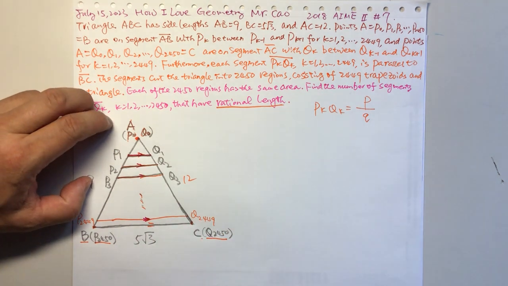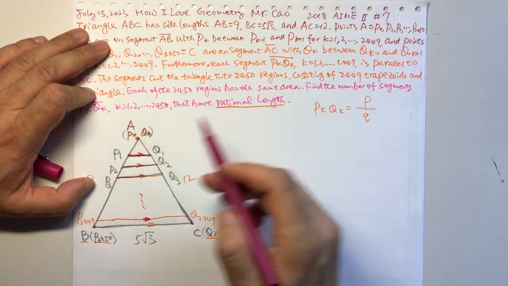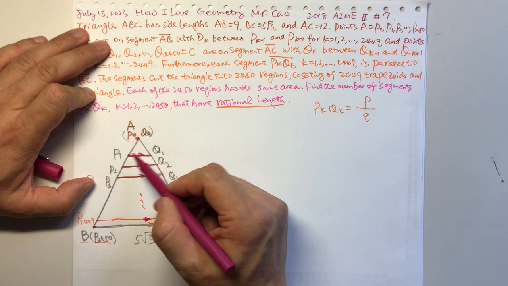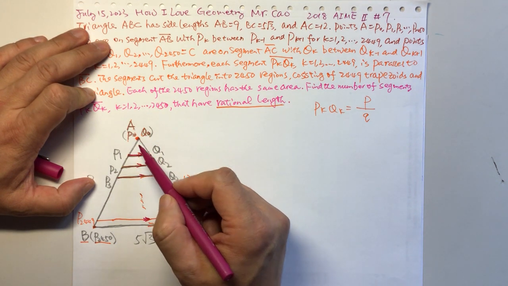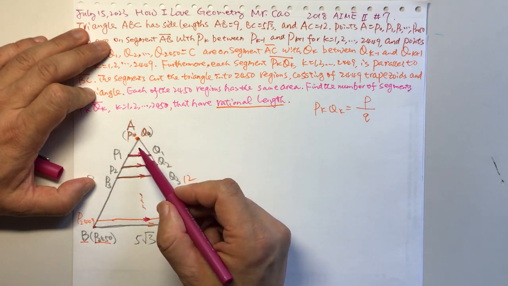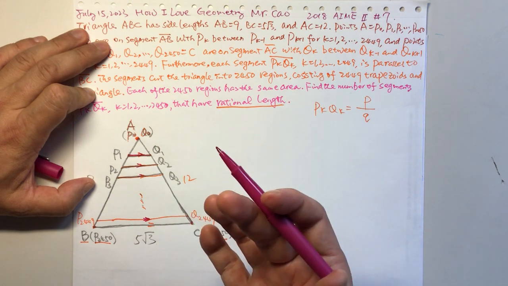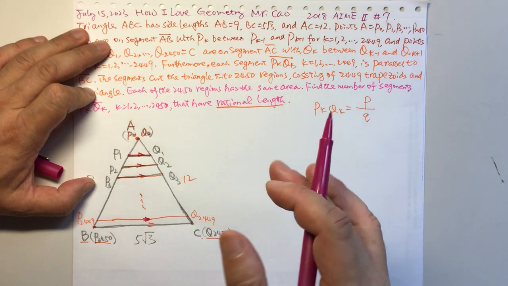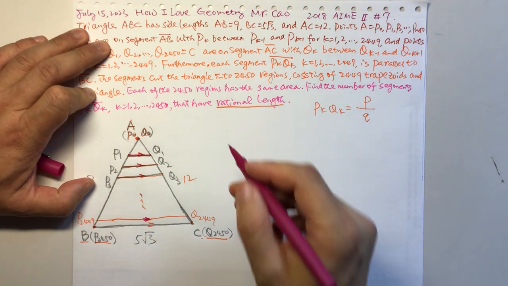So we think about similar triangles. For example, triangle AP1Q1 is similar to triangle ABC. So the area ratio equals the side ratio squared.